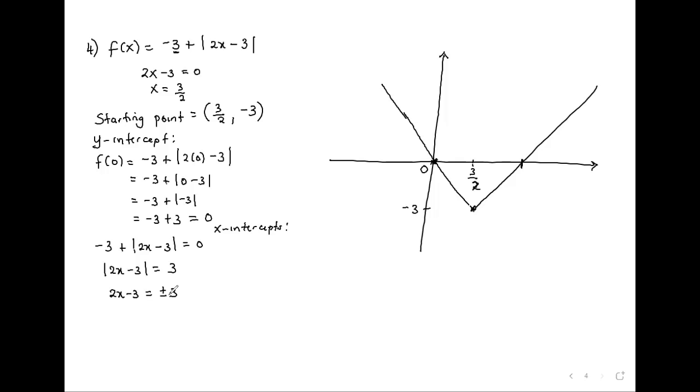You put plus or minus, meaning that we have 2x minus 3 is equal to 3, or 2x minus 3 is equal to negative 3. So if I take this 3 to the other side, I'll get 2x is equal to 3 plus 3, which is 6, divide by 2. So we'll get x is equal to 3. So this number here is 3. You can solve the other one. You take the other side: 2x is equal to negative 3 plus 3. So 2x is equal to 0. So x is 0, which you already know.